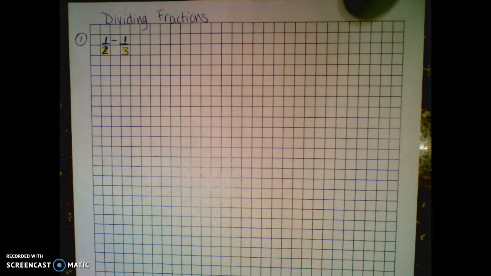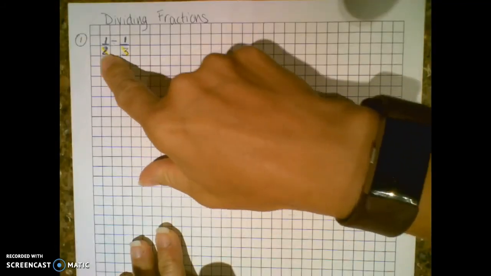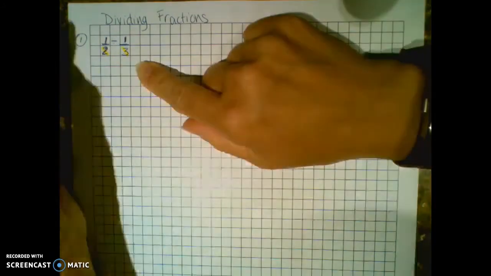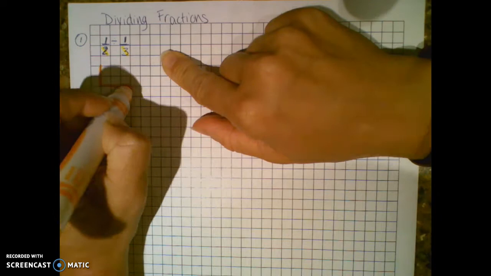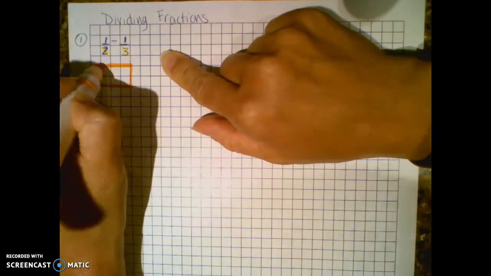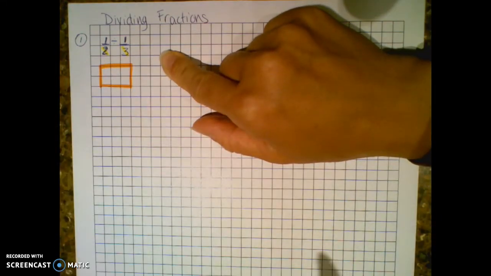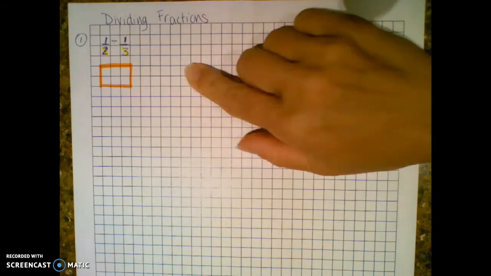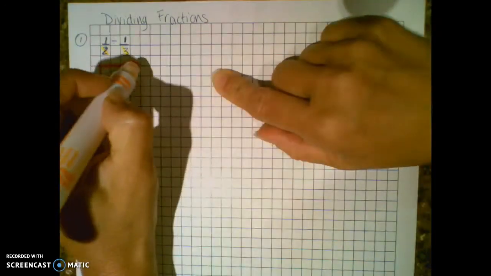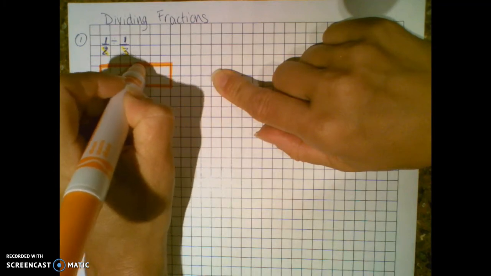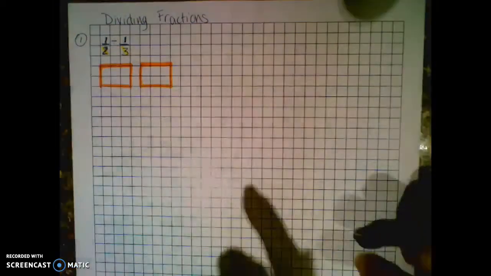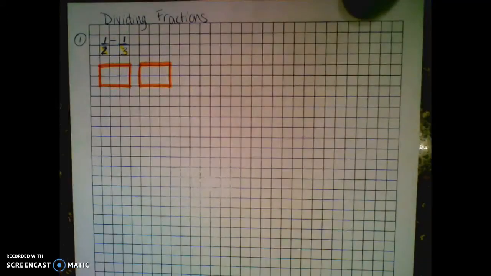And remember, because our denominators dictate the dimensions of our rectangle, I am going to have a 2 by 3 rectangle, okay? But just like with decimals, I'm going to draw this model twice. The reason is that I want to know how many times 1/3 goes into 1/2, so I need to know how big is 1/3.